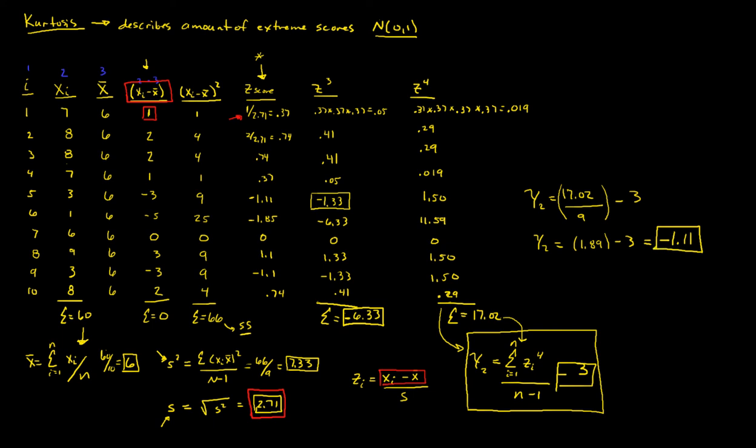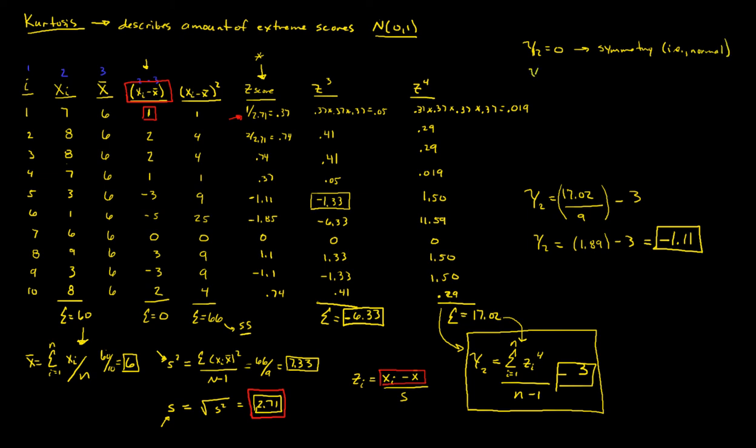Again, not too dissimilar to skewness, if gamma 2 equals 0, then you have symmetry again. In other words, you have a normal curve.